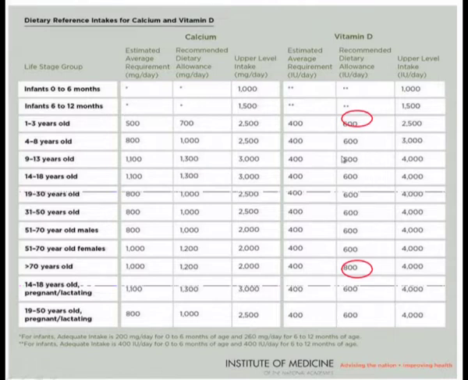This picture tells you the actual requirement over a period of time. In adult life you have 600 units, and then as it goes up over here, you have almost 800 units requirement. So this is one vitamin among many vitamins. The need for these vitamins increases over a period of time.